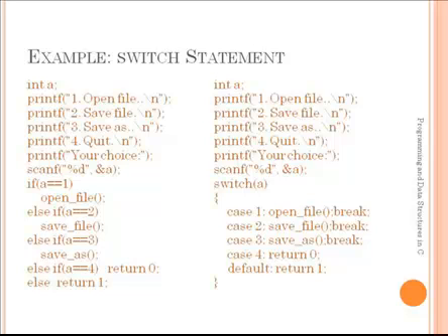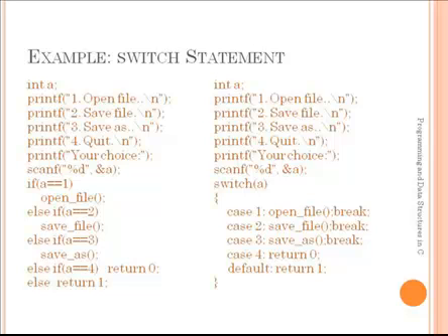The integer variable is a. Examine the left side of the program: if a equals 1, open file, which is a function. We will discuss these functions in the next modules, so don't bother about this one.